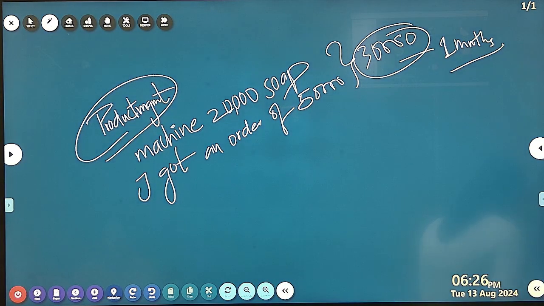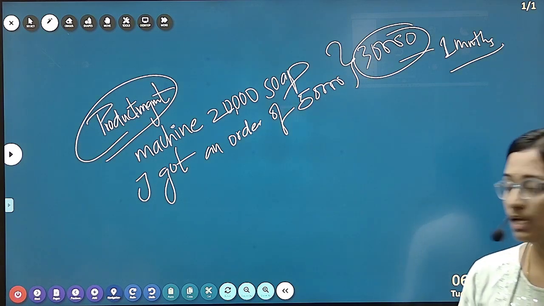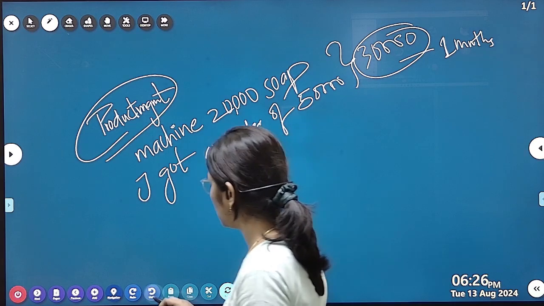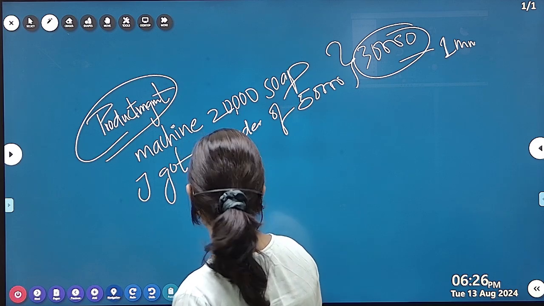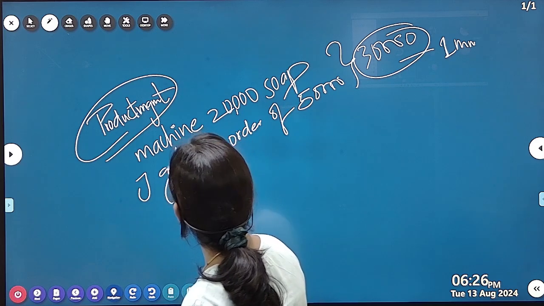So manufacturing will be a competitive advantage, but now they are making the machines.